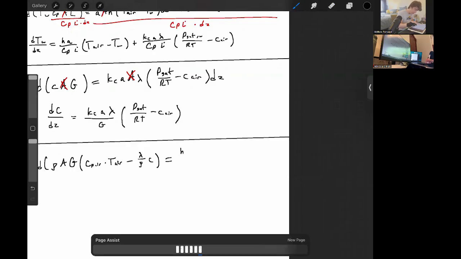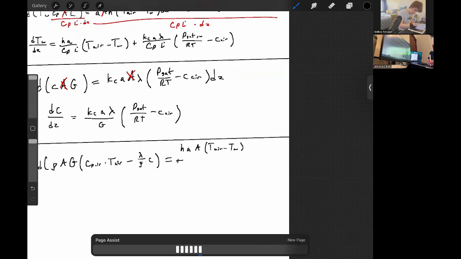So this is going to be our heat transfer coefficient, packing area, and then our actual area, and then this is going to be multiplied by the temperature of the air minus the temperature of the water.